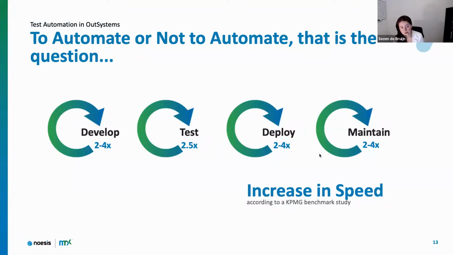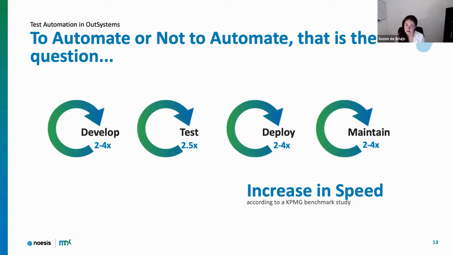And they've found, and it's a while ago, so these numbers are probably a little bit higher right now, but they found that development goes 2 to 4 times faster in a low-code development environment. And as a result of that, they say your testing should probably also go at least 2 times faster to not become the bottleneck of this process.